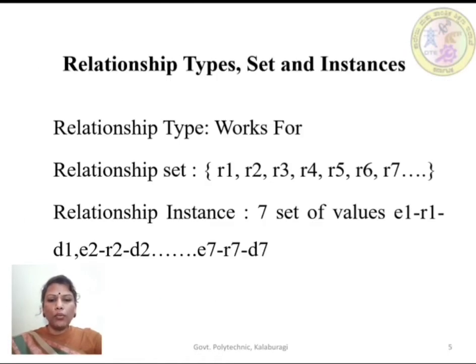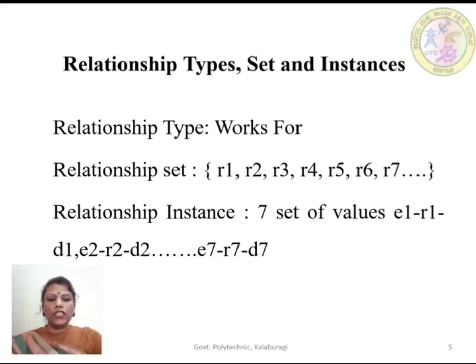And what is a relationship instance here? 7 sets of values, that is E1, R1, D1. That means E1 is associated with D1, E2 is associated with D2, like that, up to the last one, E7 is associated with D7. So this is what relationship type, relationship set, and relationship instances are.